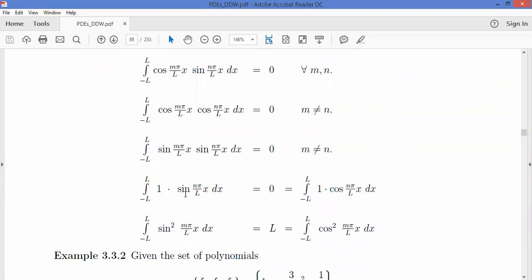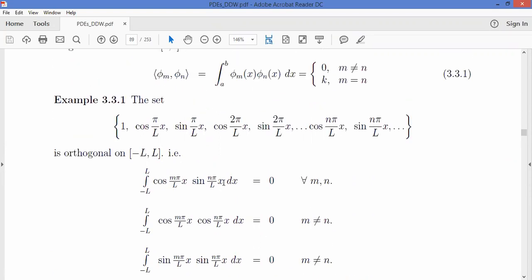So whether you are working on a full range or a half range interval, here these are basically just two functions. One function is 1, and the other function is sine n pi x over L. We are going to look at some of these derivations, especially for odd and even functions.